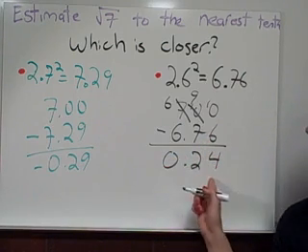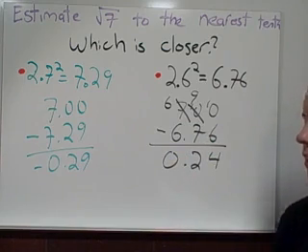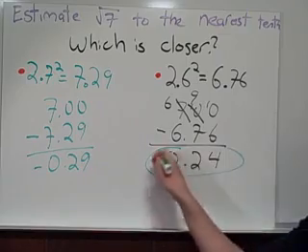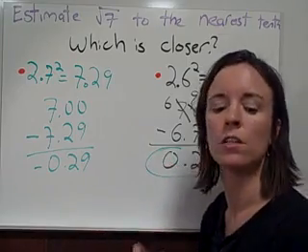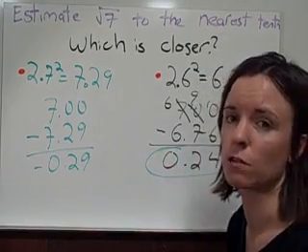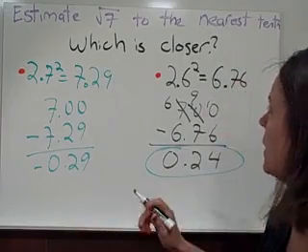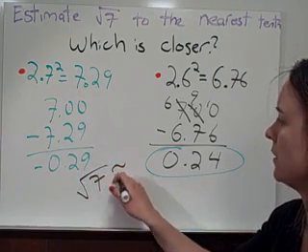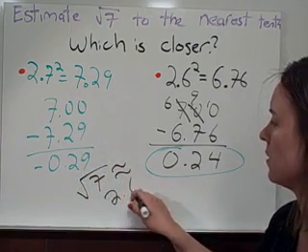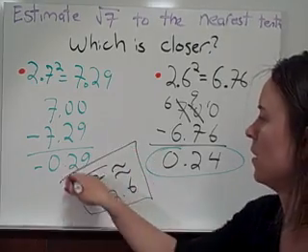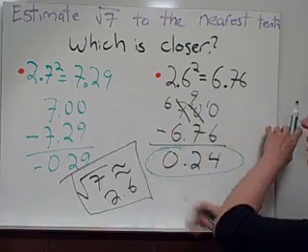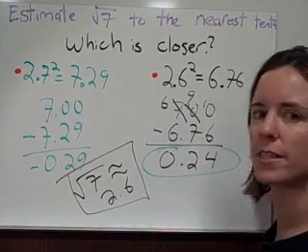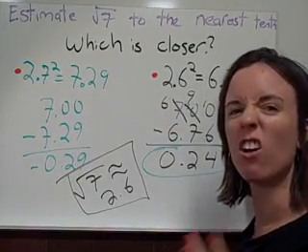And this has a difference of 24 hundredths. This is closer because it's smaller. So my best guess for the square root of 7 is that it's about 2.6. So the square root of 7 is about 2.6. Because when I multiply 2.6 times 2.6, I get almost 7.